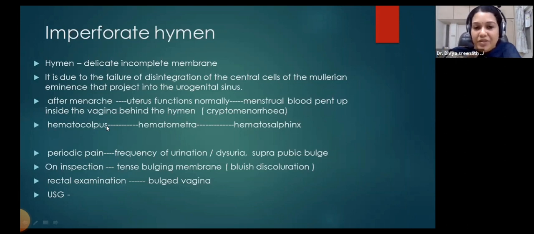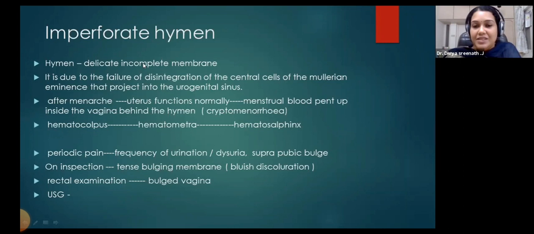In such patients, when we do an examination, we don't do a PV, we do an inspection. We can see the hymen bulges and its color turns blue, because this much fluid is collected inside. In such patients, we can do a per rectal examination.